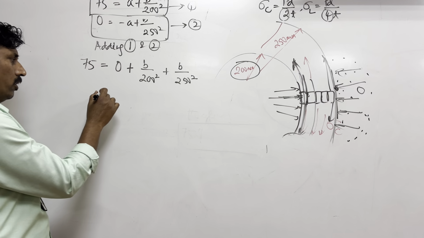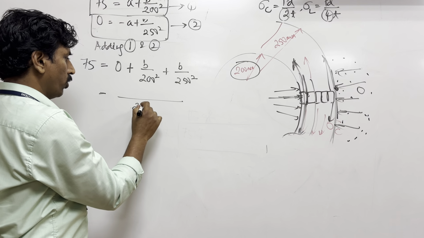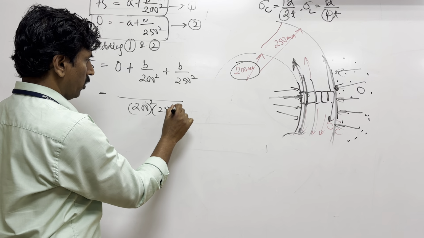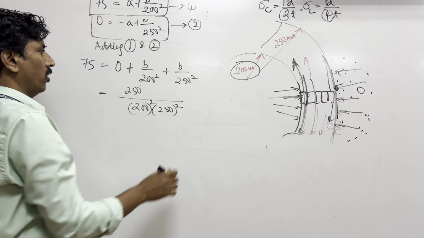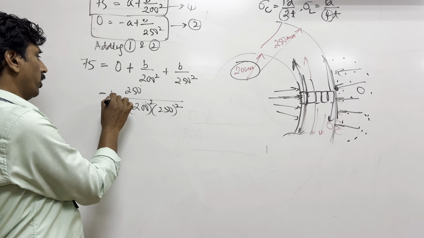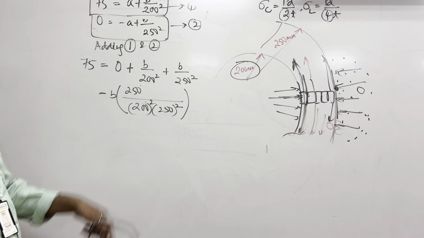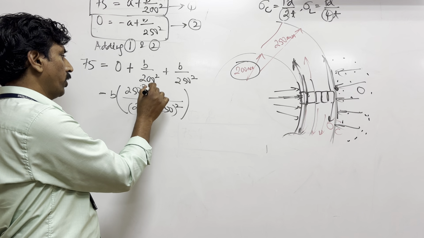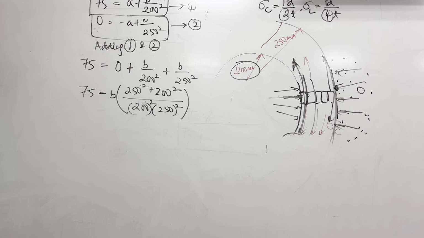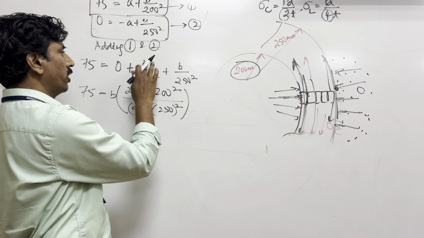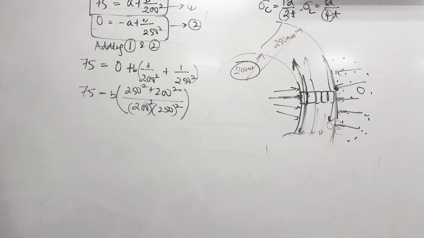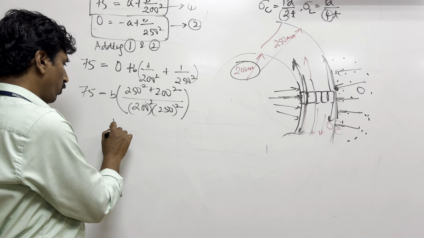You can take the denominators 200 square and 250 square, and take B outside, so B times the sum of 1 by 200 square plus 1 by 250 square is equal to 75. B is common. So what is the value of B?